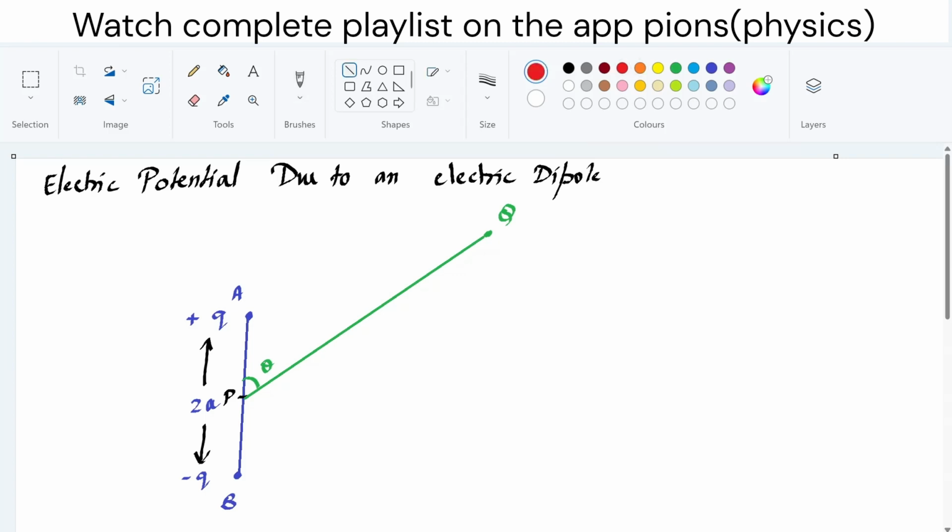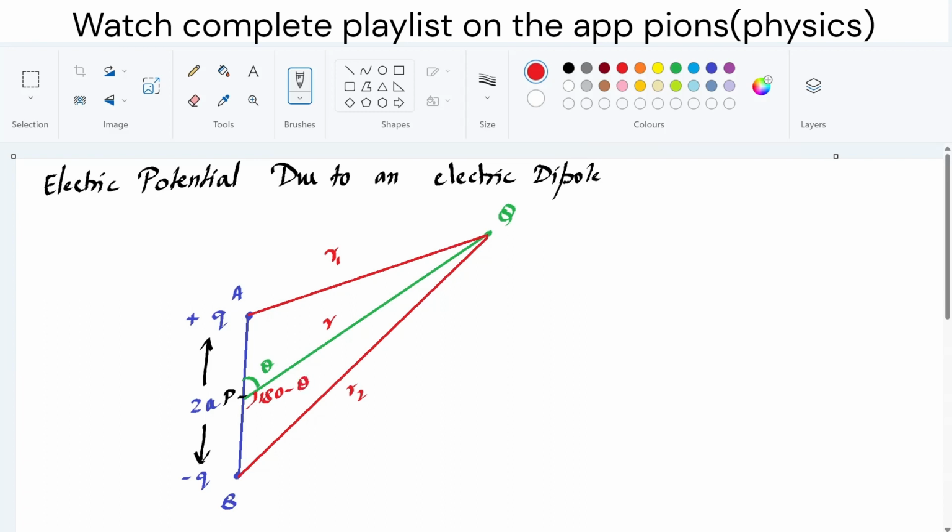This point Q from the first, positive charge is at a distance R1, and from the second charge, Q is at a distance R2. From the center of the dipole, PQ is R. If this is theta, this other angle will be 180 minus theta.